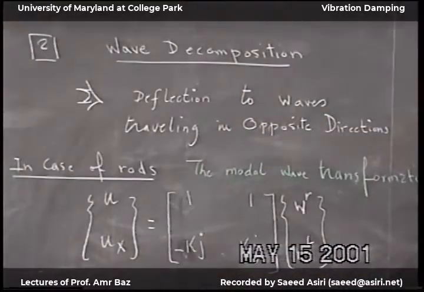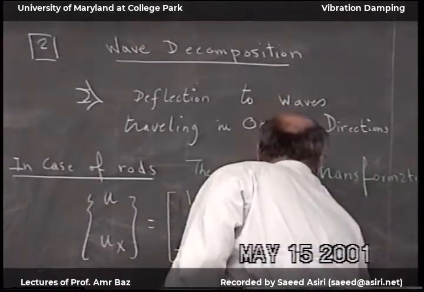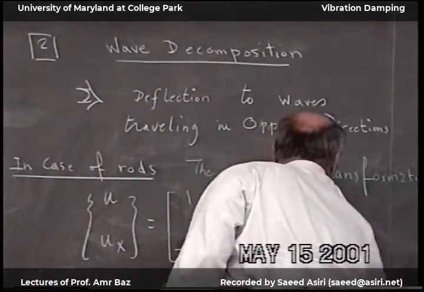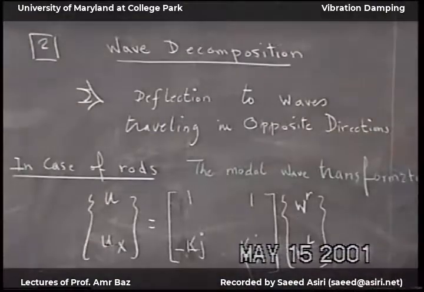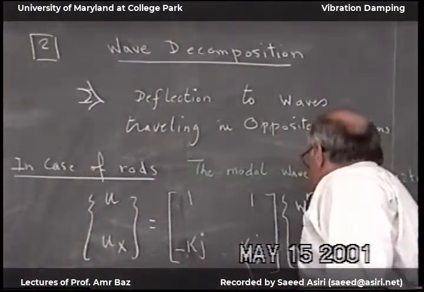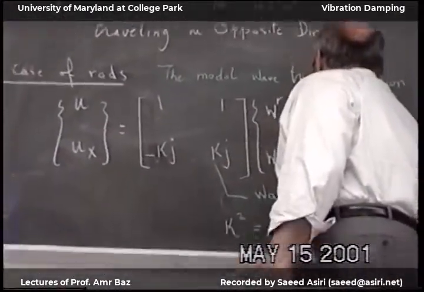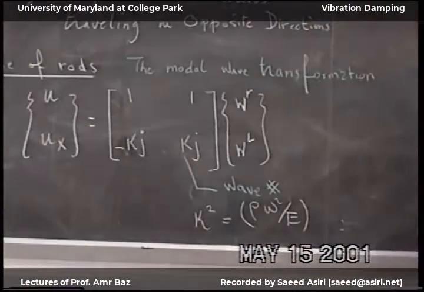Where the K is the wave number of the rod. And the wave number, K squared, is equal to rho omega squared over E.